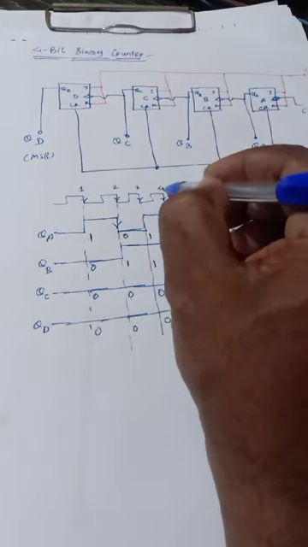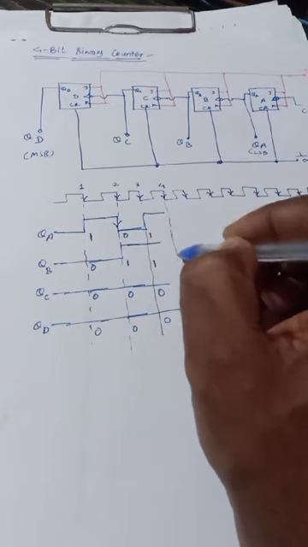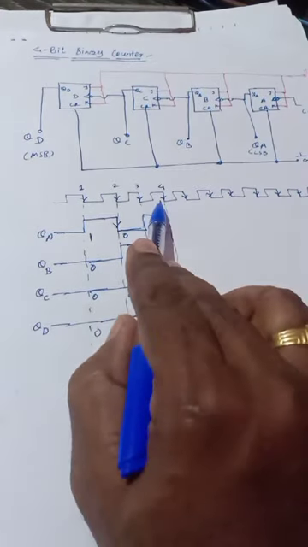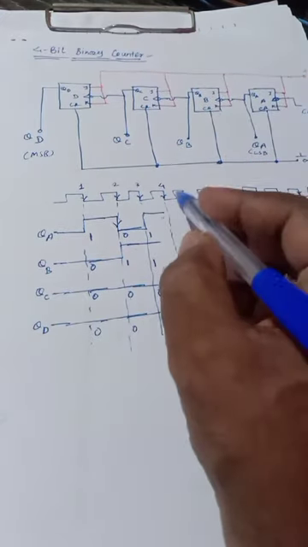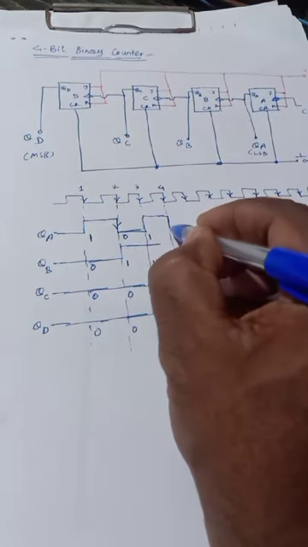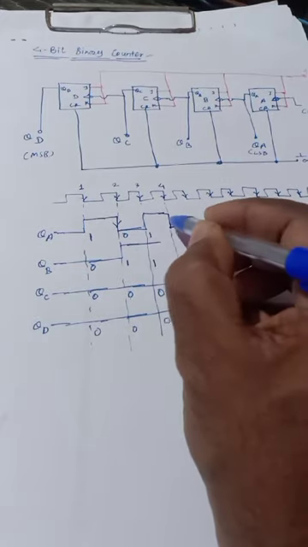So at the arrival of the fourth clock, what will happen? At the arrival of every clock, this first flip-flop toggles because it is directly connected here. So it toggles again.